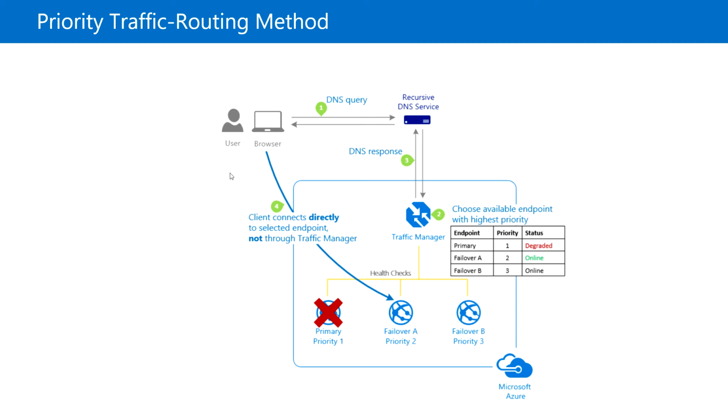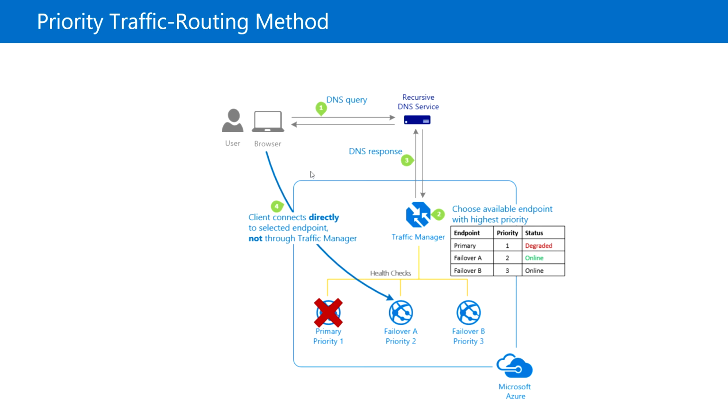In the priority traffic routing method, we can select this option when we want to route all the traffic to the primary service endpoint. And we can also have backup or failover endpoints for when there is any issue on the primary endpoint.